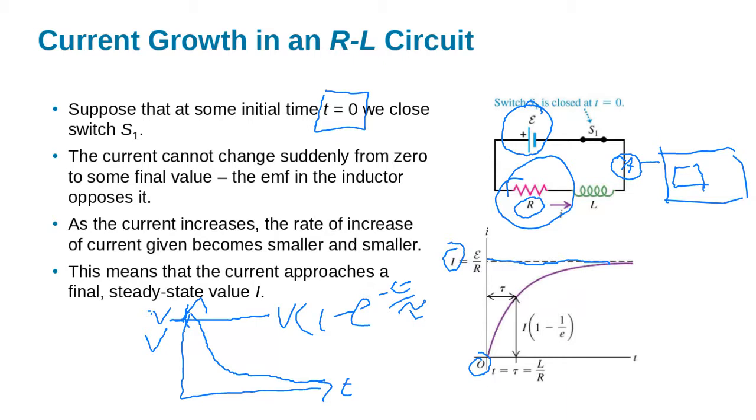So this exponential decay, the equation for that would be V equals e to the minus t over tau, where t is the time and tau is a time constant. So that time constant tau is just how long it takes for the value to decrease by a factor of 1 over e.